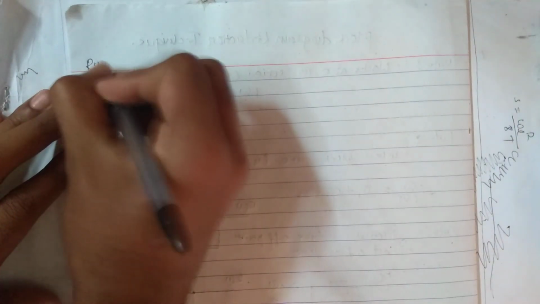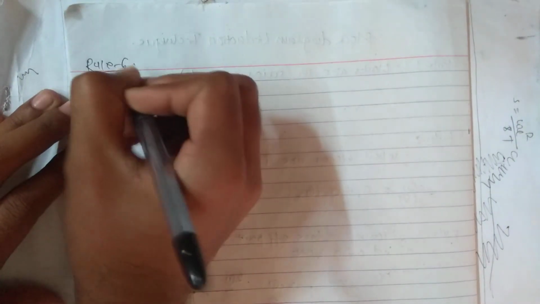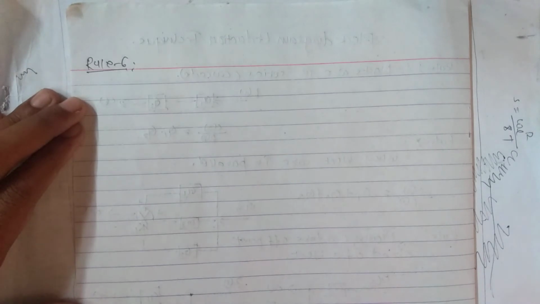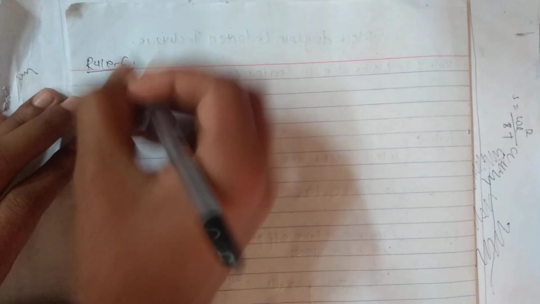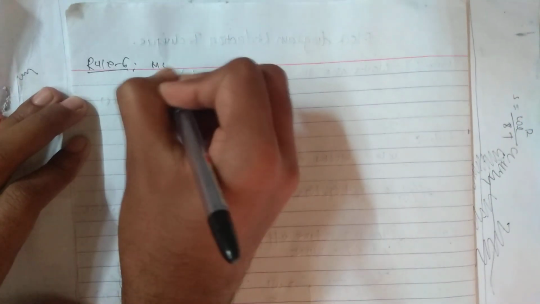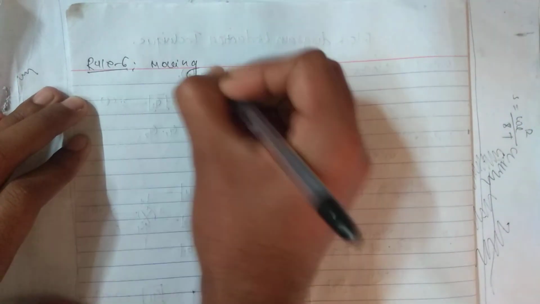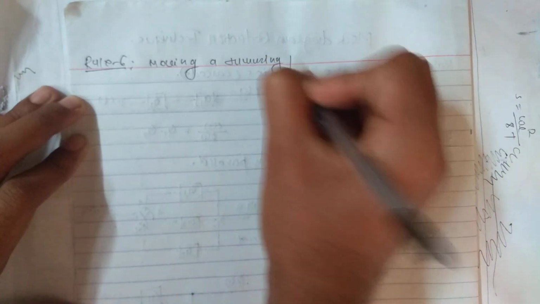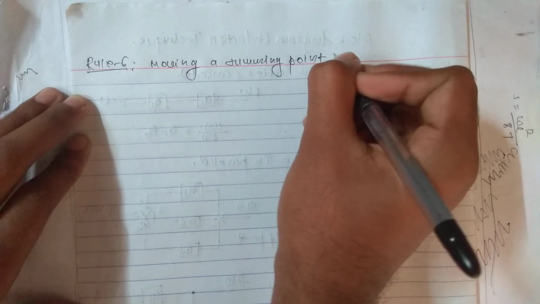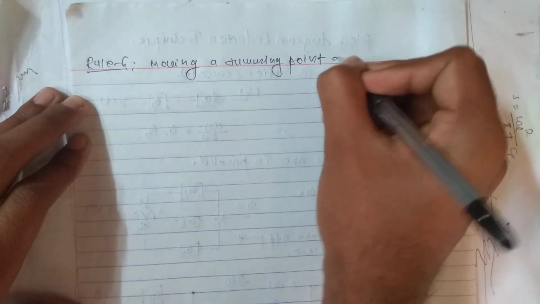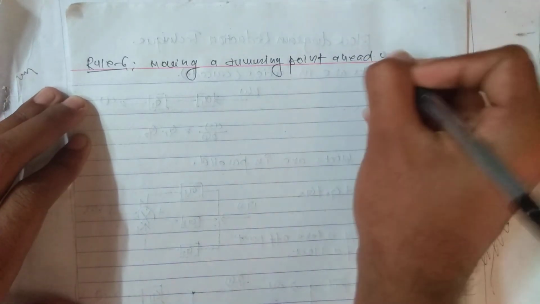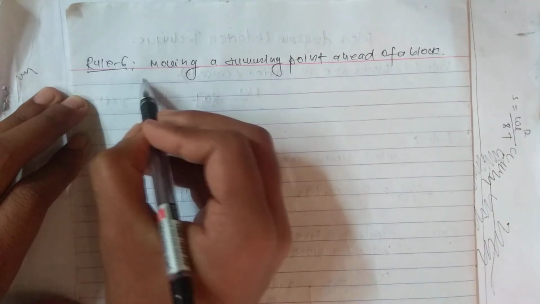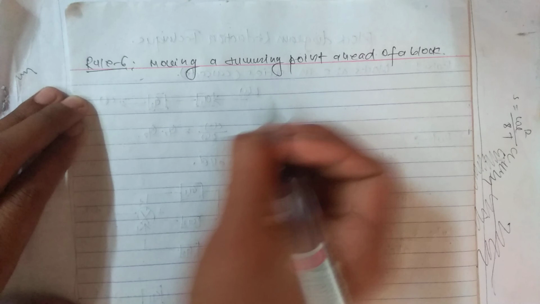And we have the 6th rule, moving a summing point ahead of a block.